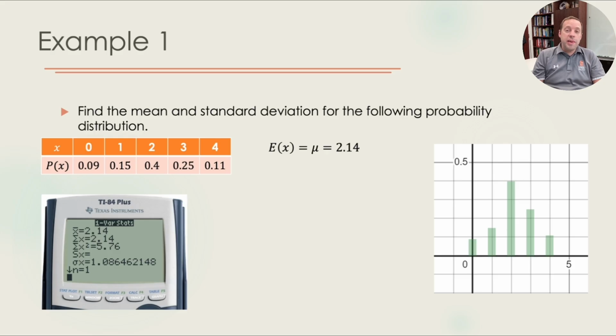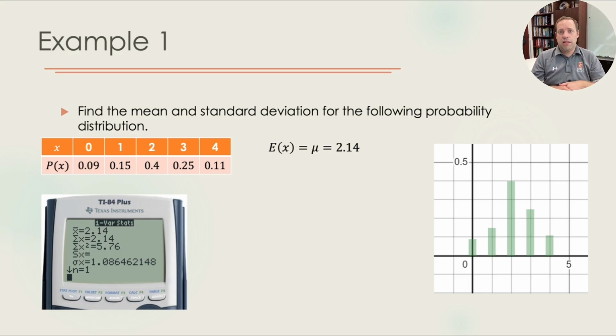Then we hit calculate, and it gives us our one variable statistics. Okay, notice the mean. The mean is 2.14. That's exactly what we got for our expected value. Now, what's the standard deviation? Remember that we had sample standard deviation and population standard deviation. But here, the sample standard deviation is blank.